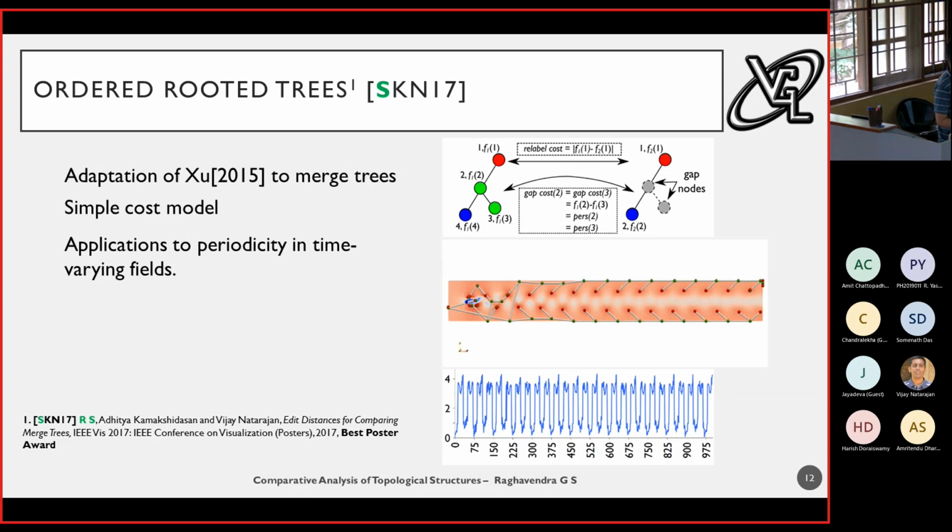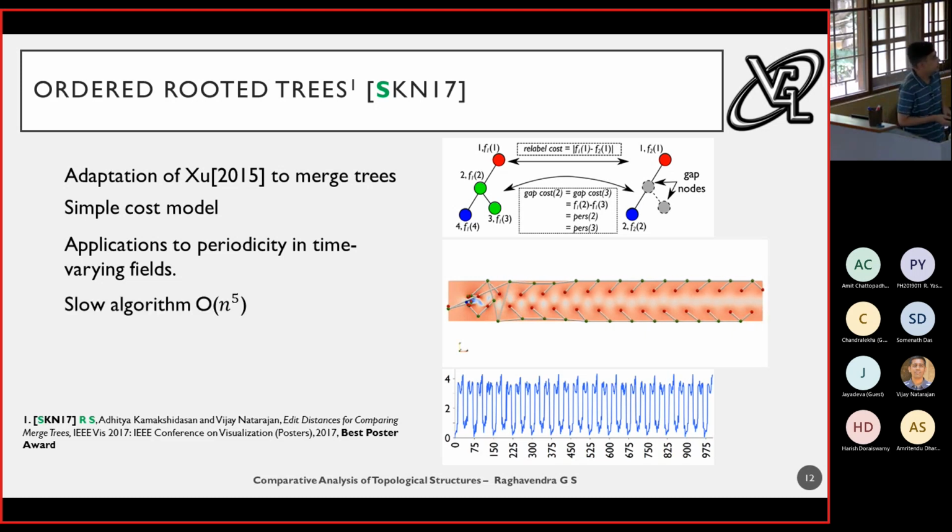We detect this periodicity in terms of two periods. One is the multiples of 75, and there is also a half period which is around 37, 38. So this is a particular application of the ordered merge tree edit distance.